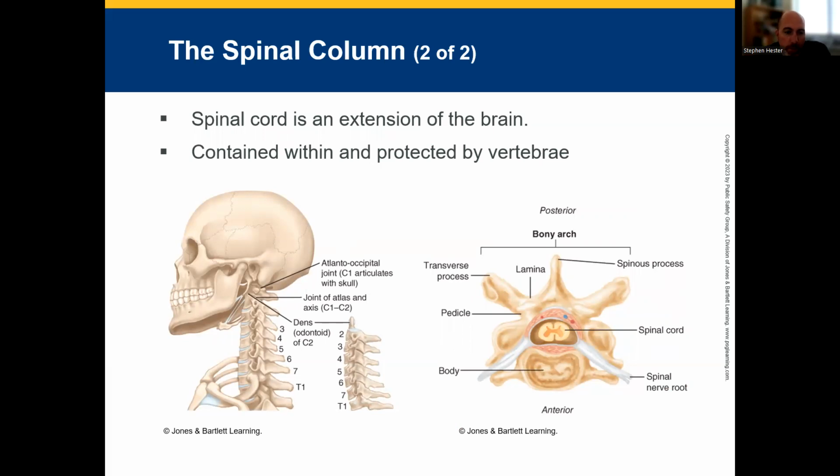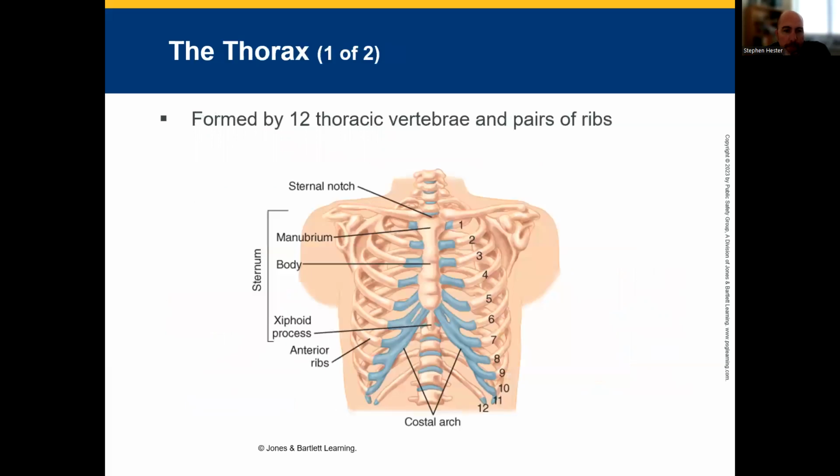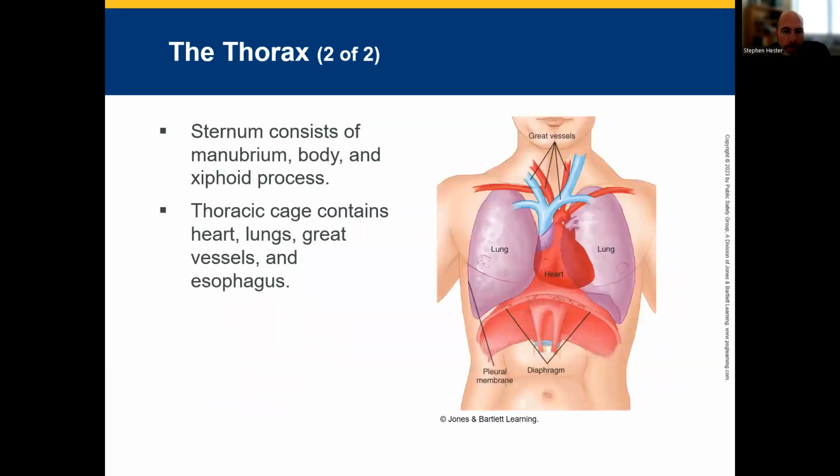So remember that. There's your different ribs with your floating ribs down here at the bottom, the sternum, the manubrium. Well, here's what the thorax contains, okay? There's a lot of important stuff in there, obviously.